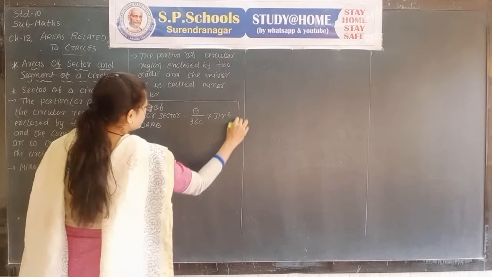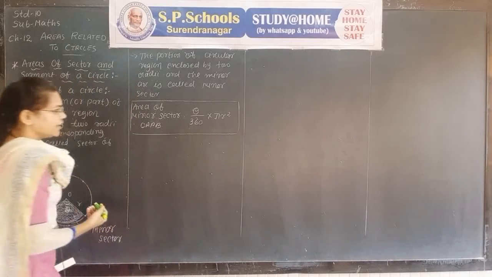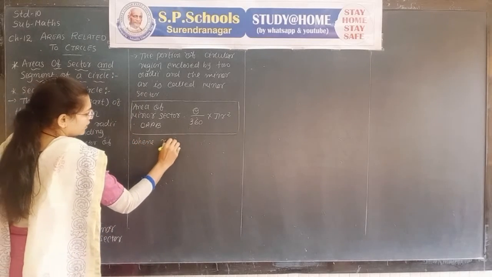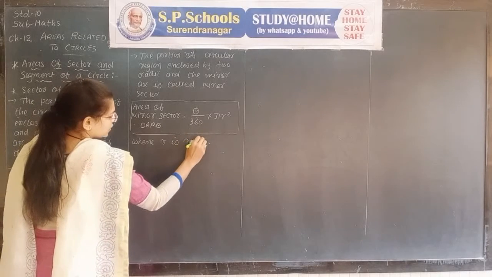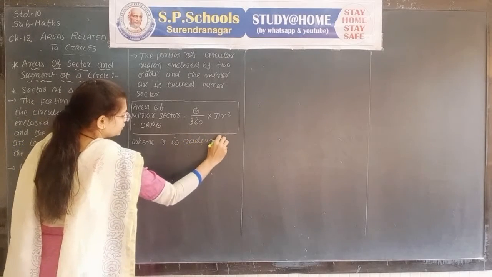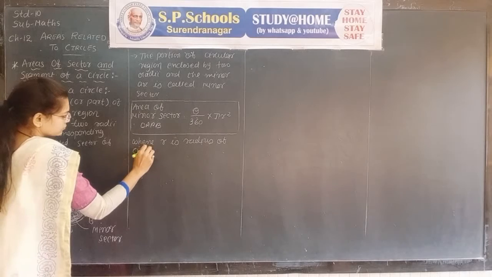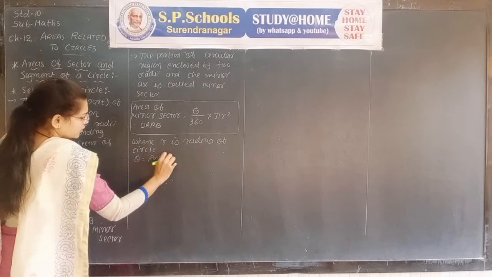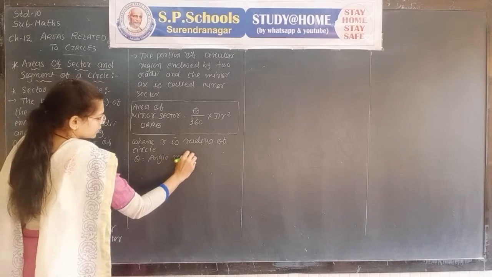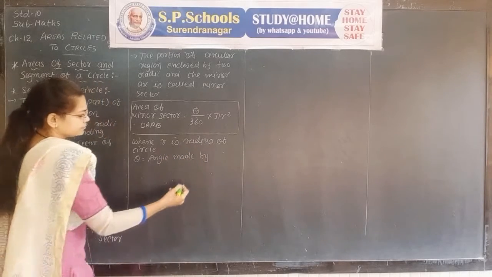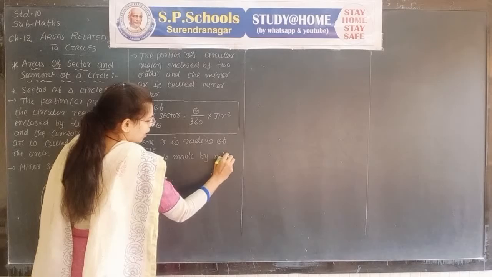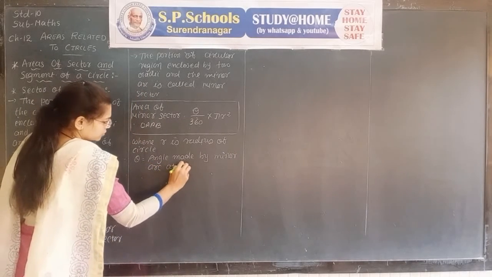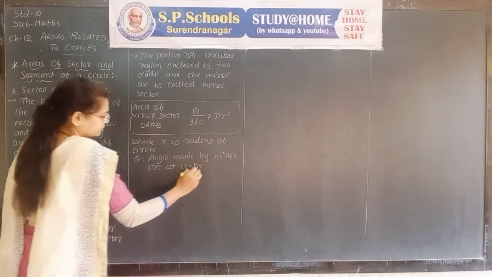It is a formula to find area of minor sector, where r is radius of circle, theta is equals to angle made by minor arc at center.